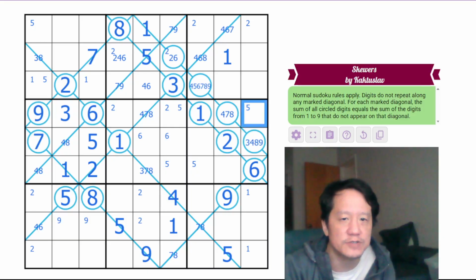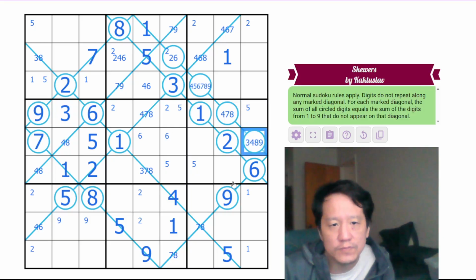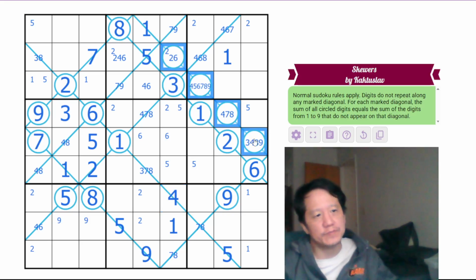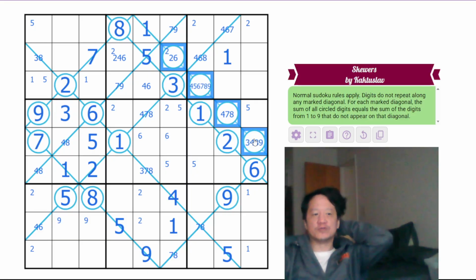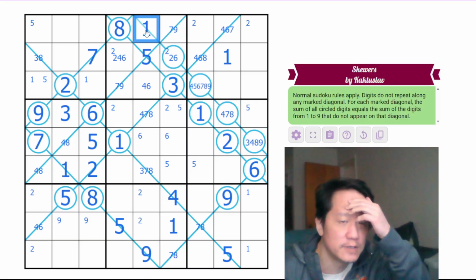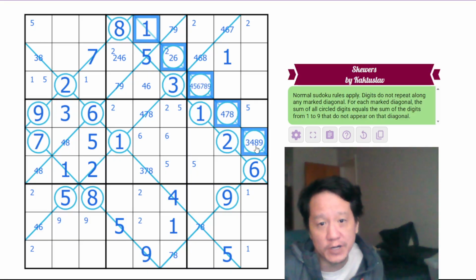This can't be 5 or 7. So we know this adds up to 22 because 22 times 2 is 44 plus 1 adds up to 45, which are the digits either not on this line or already on the line.